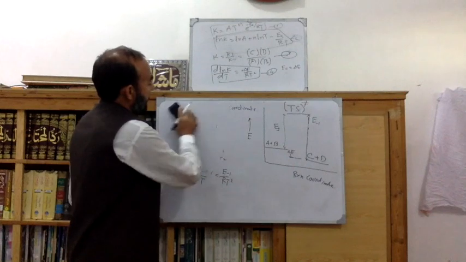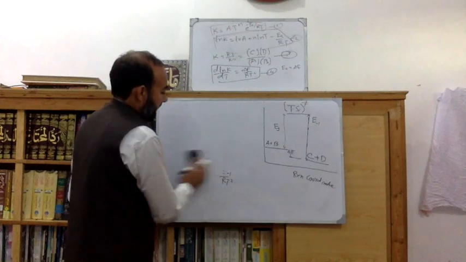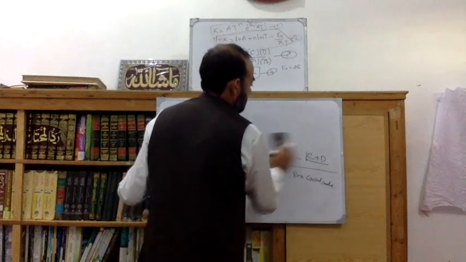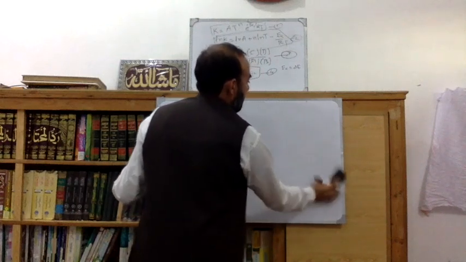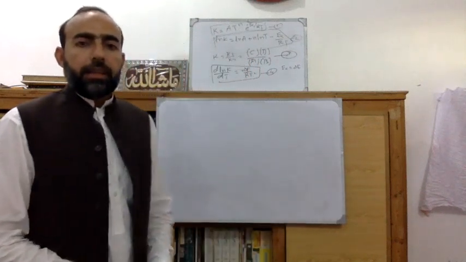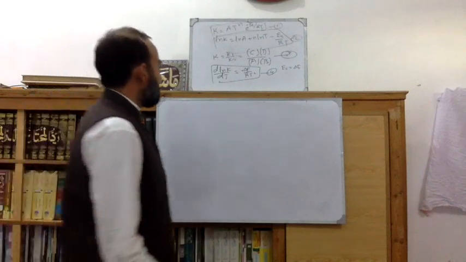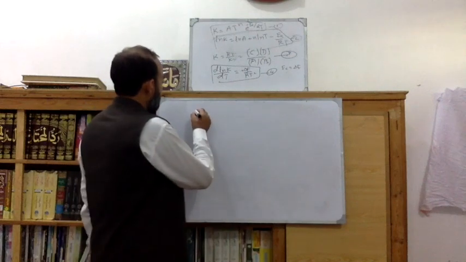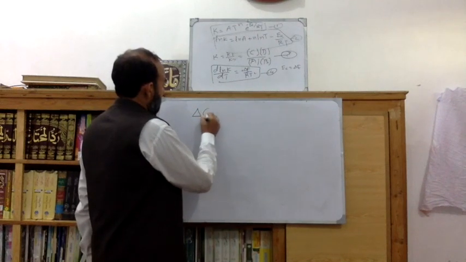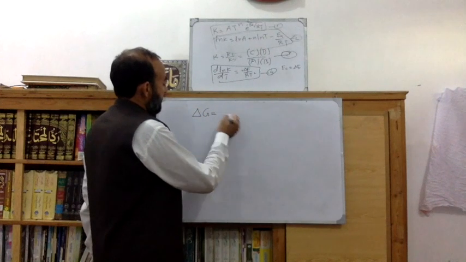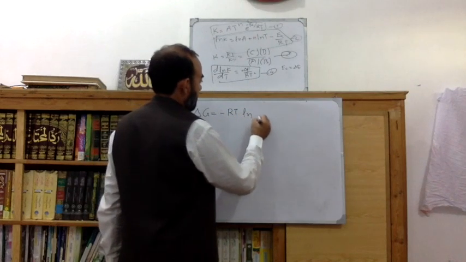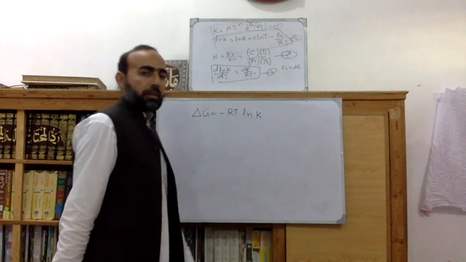Now we are going to explain this in terms of Gibbs free energy. We already know from thermodynamics that the change in Gibbs free energy is equal to minus RT log equilibrium constant.